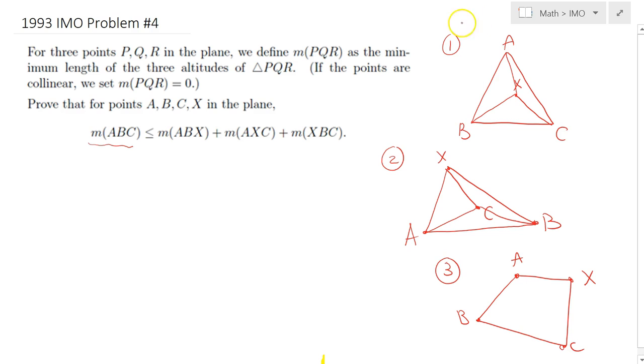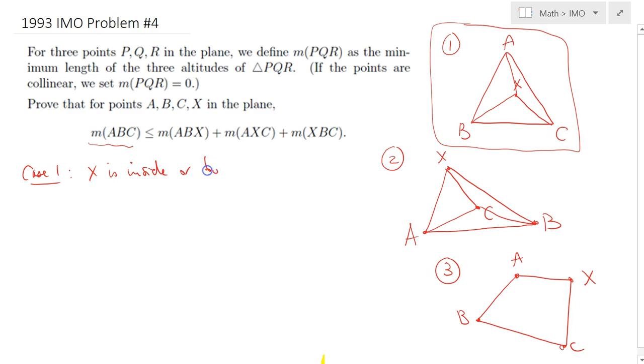So let's start with the first case. What happens if X is inside or on the boundary of triangle ABC? So case 1, X is inside or on the boundary of triangle ABC, mainly the first picture drawing.